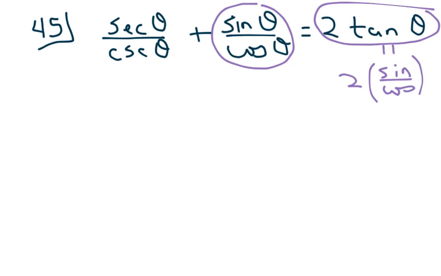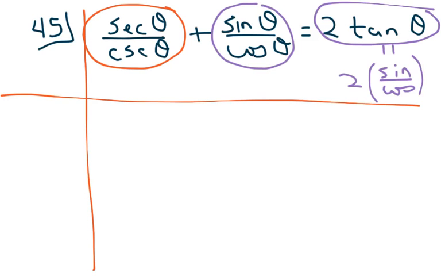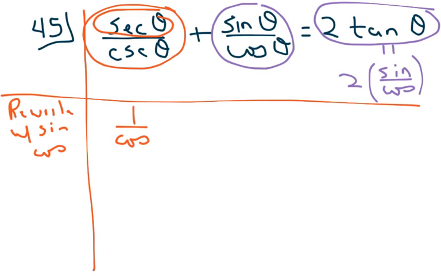So what I'm going to probably do is just work with this right here, and rewrite this with sine and cosine. So we know this is 1 over cosine, and this one is 1 over sine.